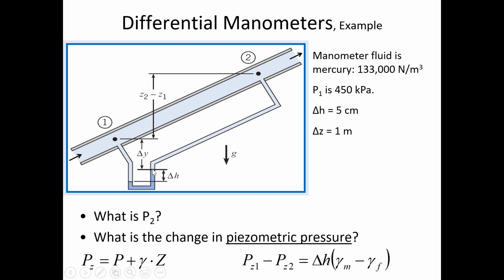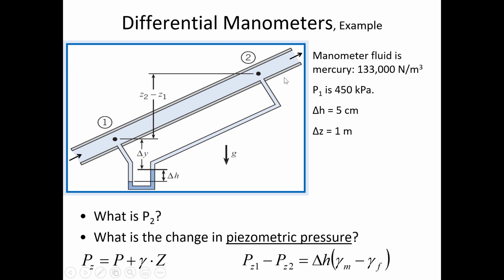Okay, so if we closed that valve and the fluid stopped flowing, there'd still be a difference in pressure, but there wouldn't be any delta H, because there wouldn't be any reason for a delta H. Even though there's a difference in pressure, the way this works is that the pressure is decreasing at the same rate through the pipe as it is through the manometer tube if there's no fluid flow. So we're going down from 2 to 1.